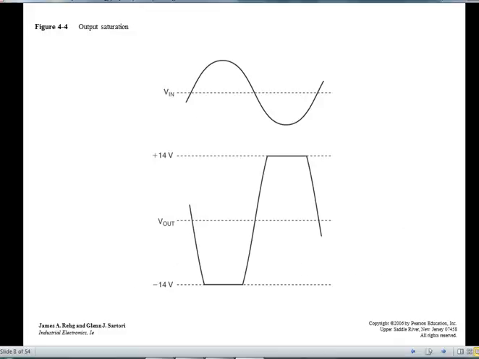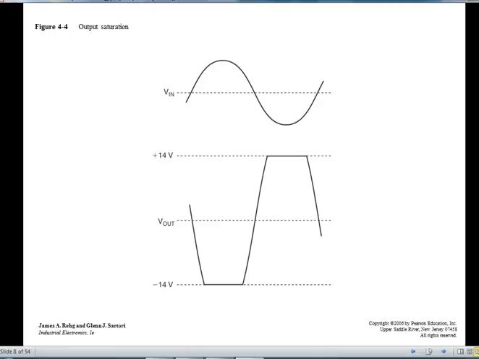Okay, now I'm going to send a signal in, so I have some voltage going into my operational amplifier, but my power supply is plus and minus 14 volts. Can I get anything out of this higher than plus or minus 14 volts? No. In fact, I can't get anything higher than plus and minus 13.3 volts, because there's going to be a 0.7 drop across the diode inside the operational amplifier.